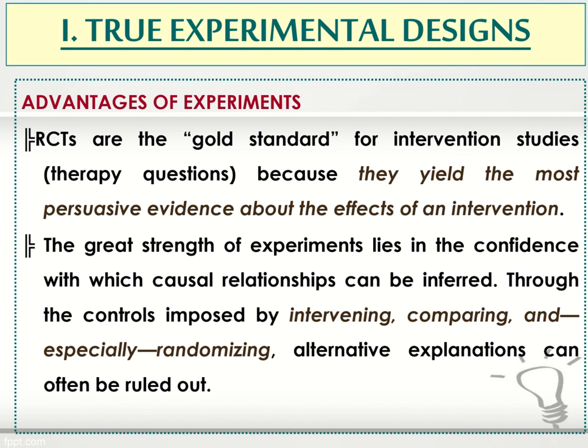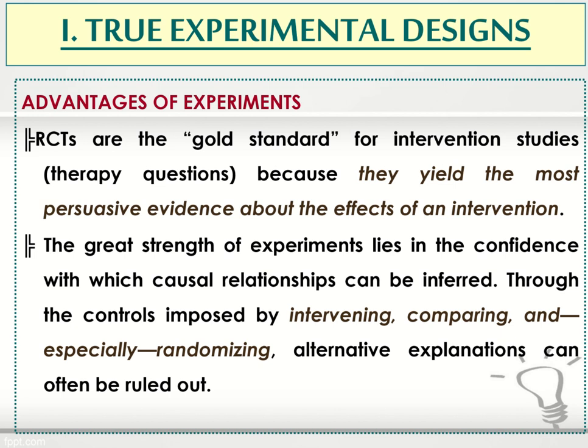So as previously mentioned, RCTs, randomized controlled trials, are the gold standard for intervention studies or therapy questions because they yield the most persuasive evidence about the effects of an intervention. So through randomization to groups, researchers come as close as possible to attaining an ideal counterfactual.